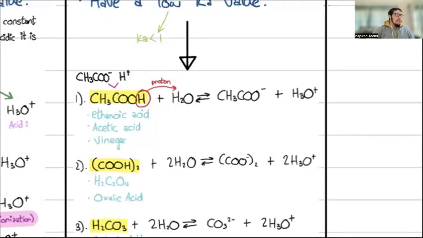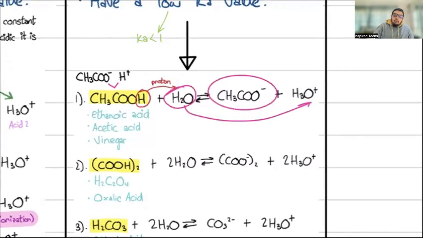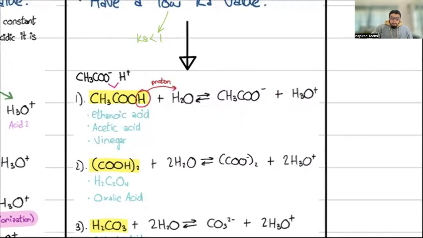That H plus is that extra hydrogen. Because it's an acid, albeit a weak acid, it still donates the proton to water, H2O. H2O becomes H3O plus, and this becomes CH3COO minus.